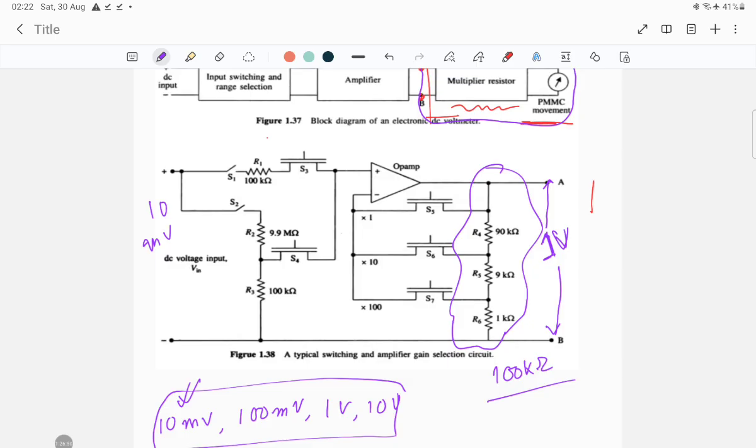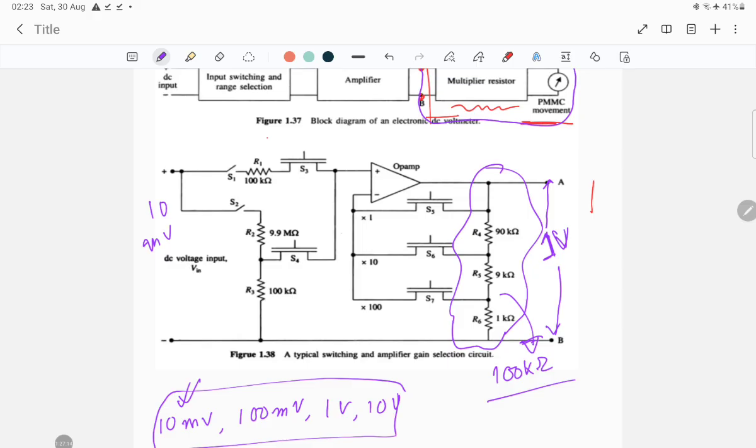It must not cross 100 kilo ohm, and it must not be lower than 100 kilo ohm, exactly 100 kilo ohm. However many stages of gain you want to select, the summation will be definitely 100 kilo ohms. So this is at the output side of this circuit.